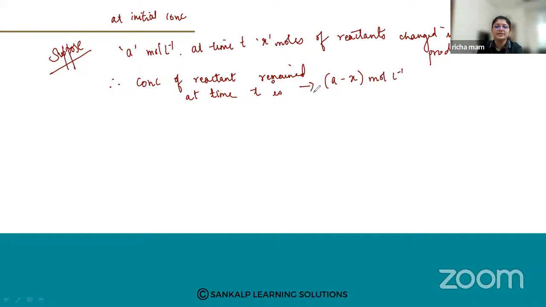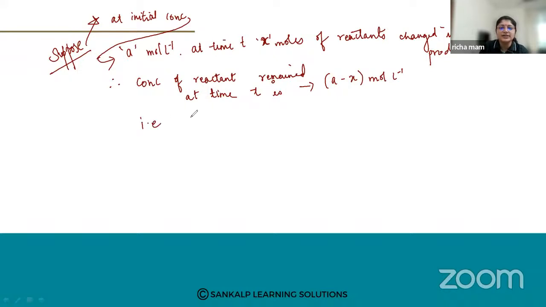If we consider the initial concentration of the reactant equal to A mole per liter, at a time t, X moles of reactants change into product. So the concentration of the reactant remained at time t will be A minus X mole per liter.